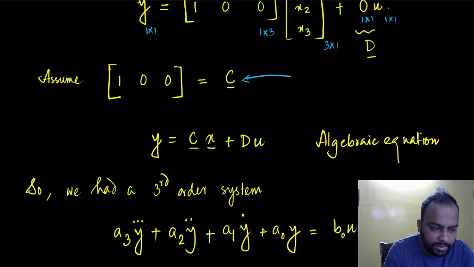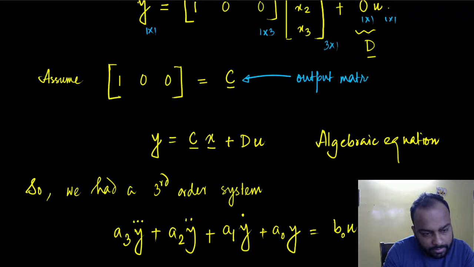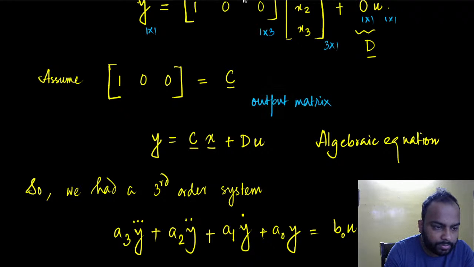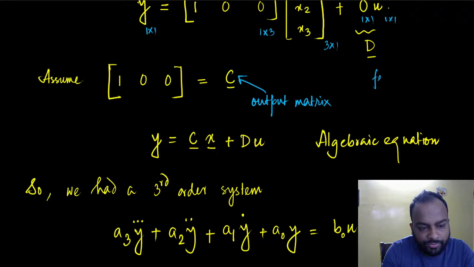Matrix C is the output matrix. And matrix D is the feed forward, also known as measurement matrix.